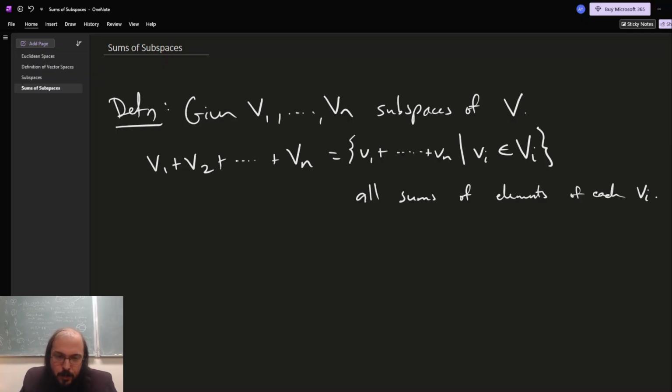And so that fixes the problem we had in the previous example, where if I want to take a quote unquote union of the x-axis and the y-axis, on the nose, it doesn't work. But if I take the sum, according to this definition, then now I'm allowed to combine those elements in different spaces. And then I add them in the big vector space. So life is good.